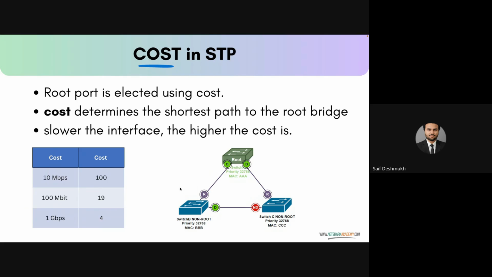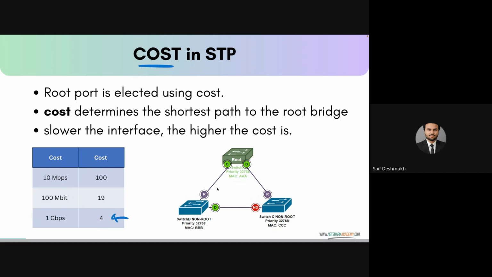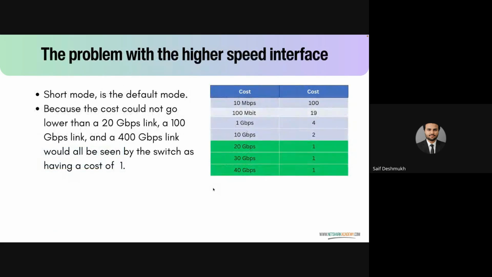The idea was to give more preference to a link that has higher bandwidth, faster interfaces. So the faster the interface, the lower the cost. The number that you're seeing here is what we call the short mode path cost.